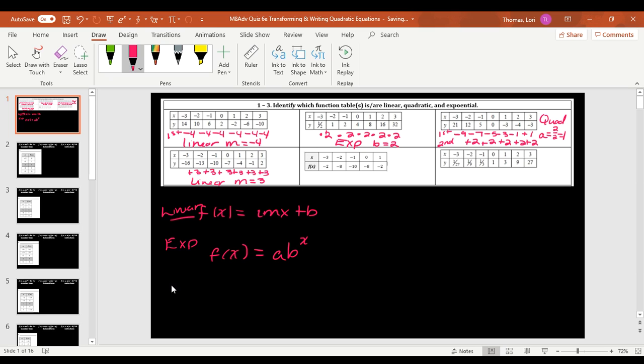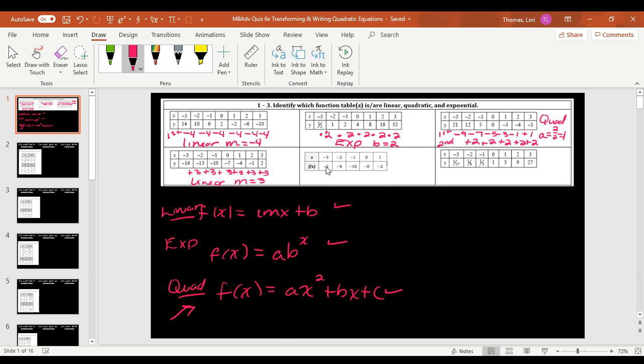And with our quadratic, of course, we have 3 different versions, but again, we mainly use the standard form. So just as a reminder, these are the 3 basic equations that we'll use when we're writing different ones. Now, in this unit, we are focused on quadratic, but we will get to our very last unit of the year. We'll be comparing all 3 functions, but we're going to focus on quadratic for this unit.